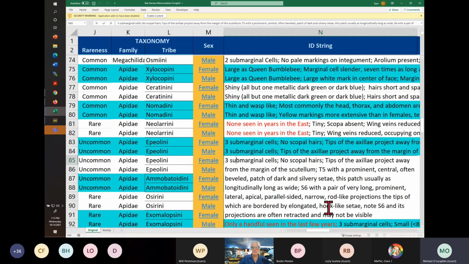I'm not 100% sure, but I believe that to be the case, so someone can add to that in the chat. But the problem is a lot of times those are retracted and the gate is shut, and you can't see that, because the difference between the female Triepeolus and Epeolus is best differentiated if you can see those, because the shapes are different.